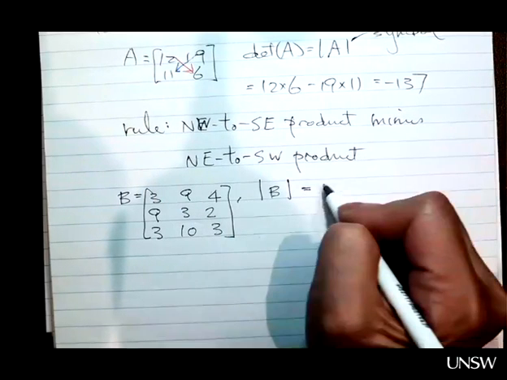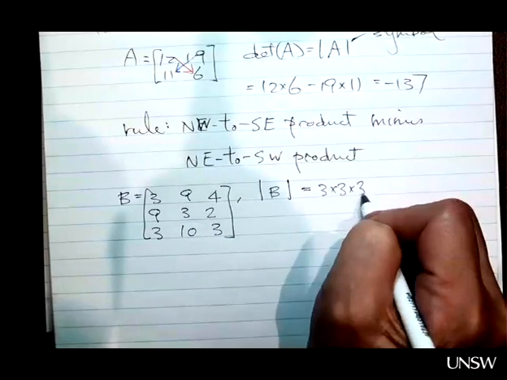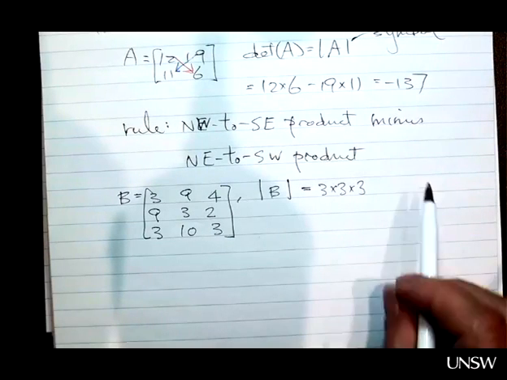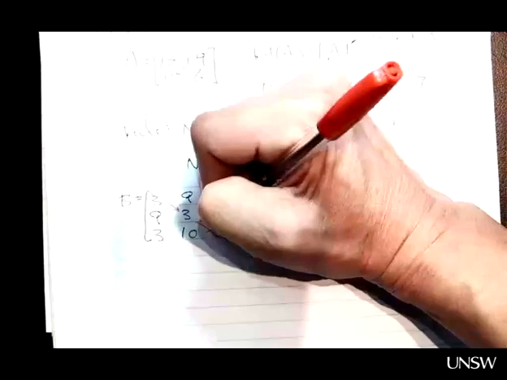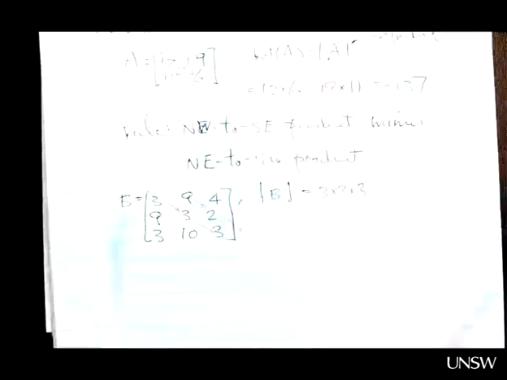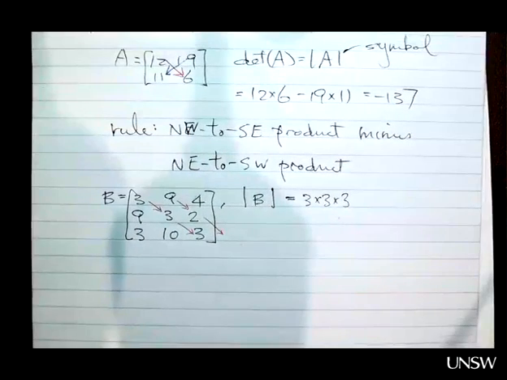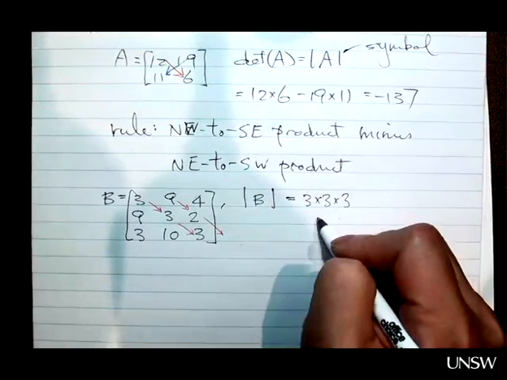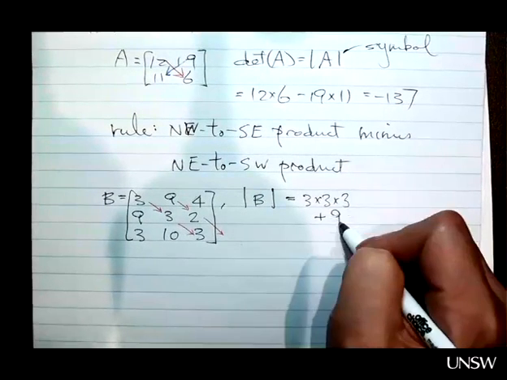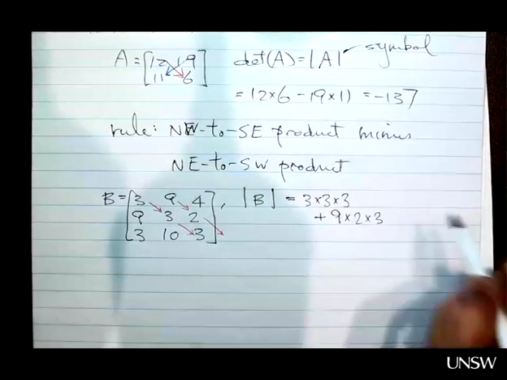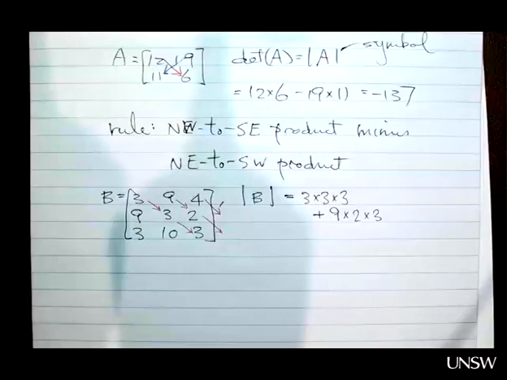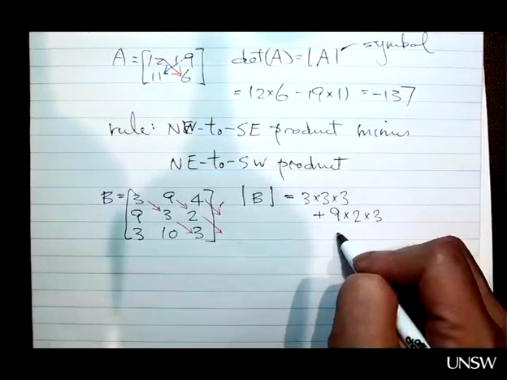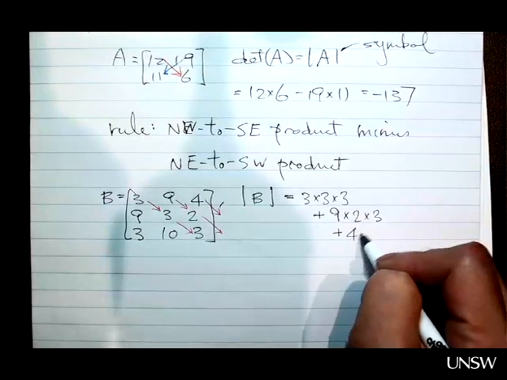So first of all, it is 3 times 3 times 3, and then we have one product here, another multiplication, and then we add together. So we have 9 times 2 times 3, and then the other one is 4 times 9 times 10.